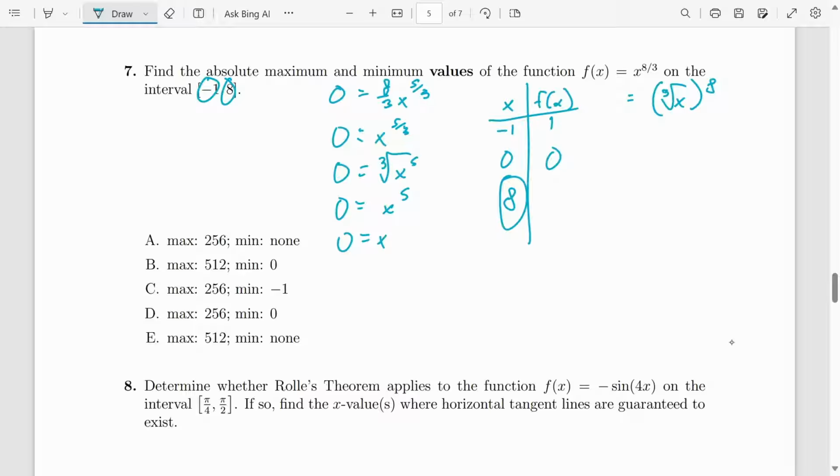Cubed root of 8 is 2, and 2 to the 8th power is, let's see, 2, 4, 8, 16, 32, 64, 128, 256. Now we're asked to find the max and min, so it looks like this is our max and this is our min, so our answer choice is D.